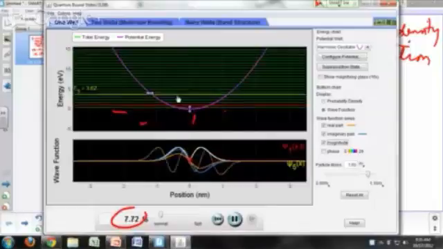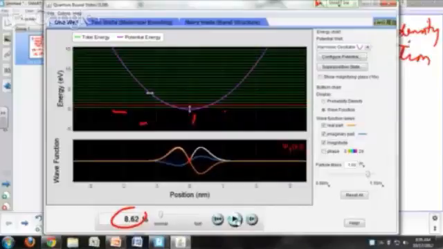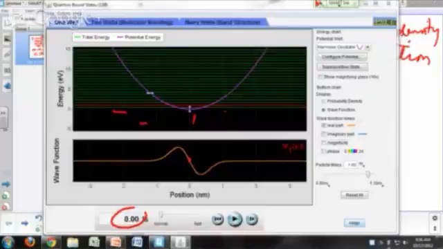All right. What if you have v equals, let's pause this. Let's set it back to 0. Okay. So there's your wave function. For v equals 1, you can see there's one node, and this is an odd function. It's antisymmetric with respect to inversion through the origin.